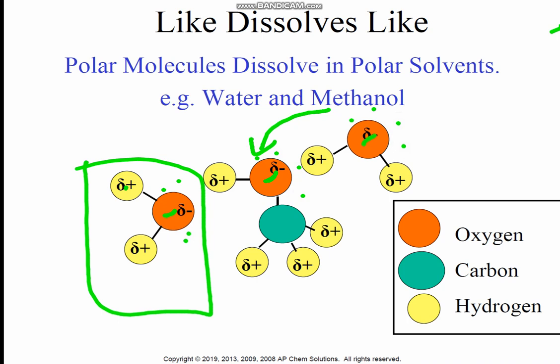And then our hydrogens here acquire a positive charge. So the positive poles on the methanol are going to line up with the negative poles on the water, and the negative poles on the methanol molecules are going to line up with the positive poles on the water. And that attraction is going to hold that methanol in solution.